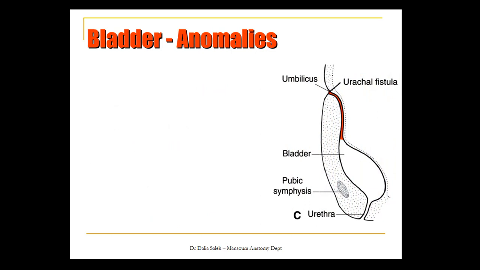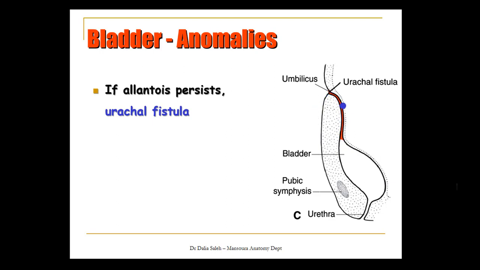Other anomalies of the urinary bladder could arise if there is persistence of the allantois. If there is no obliteration at all of the allantois, a urachal fistula arises, and urine will be dripping out of the umbilicus.